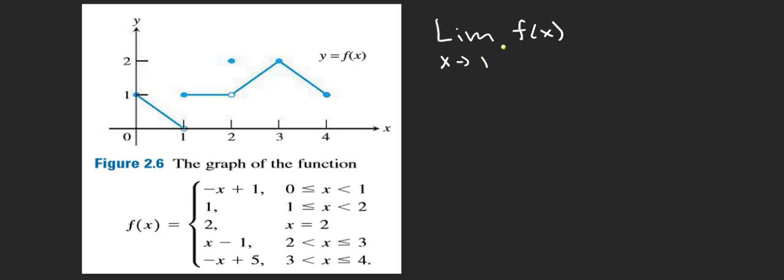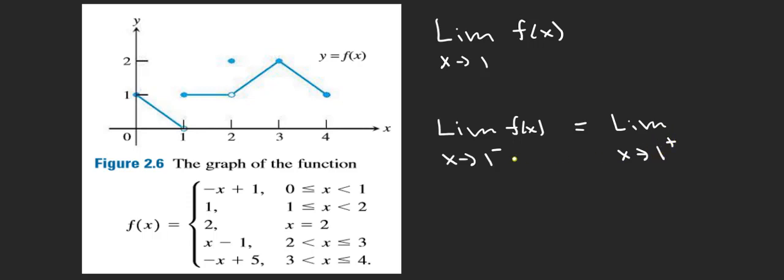And let's see if the limit of f of x as x approaches 1 exists. In order to find this, we first need to check whether the limit as x approaches 1 from the left is equal to the limit as x approaches 1 from the right. What is the limit as you approach 1 from the left?